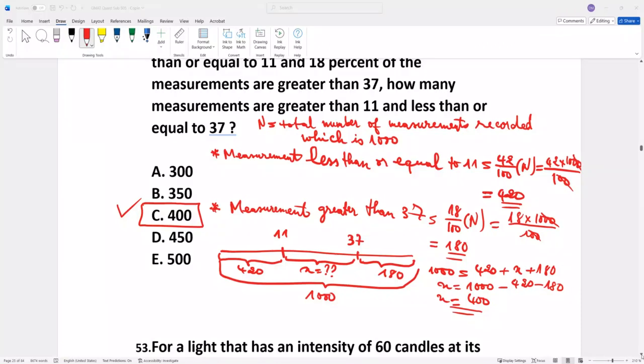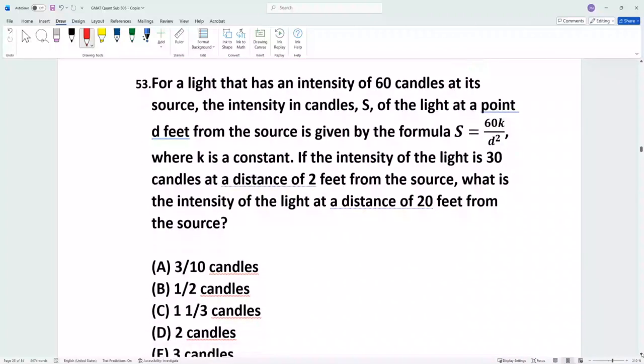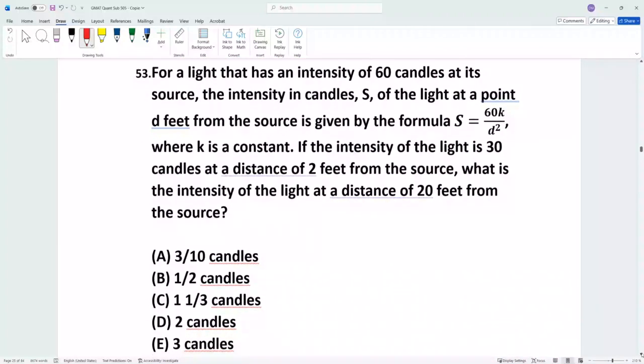Question number 53. For a light that has an intensity of 60 candles at its source, the intensity of candles S of the light at a point d feet from the source is given by the formula S equal to 60K over d to the power 2, where K is a constant.